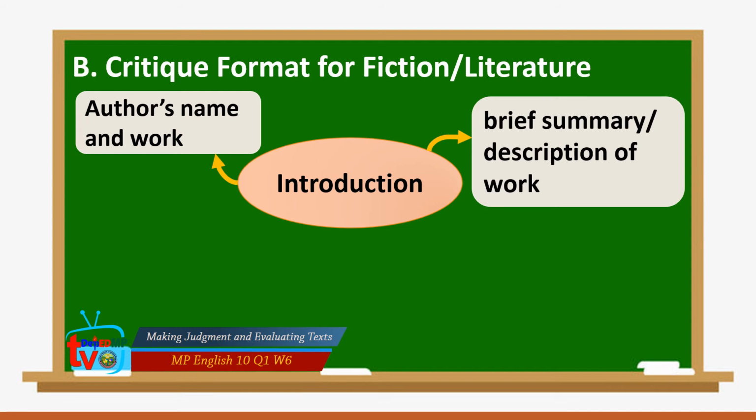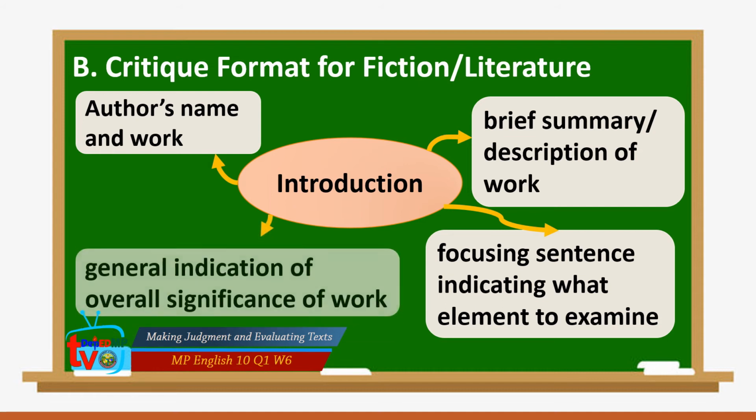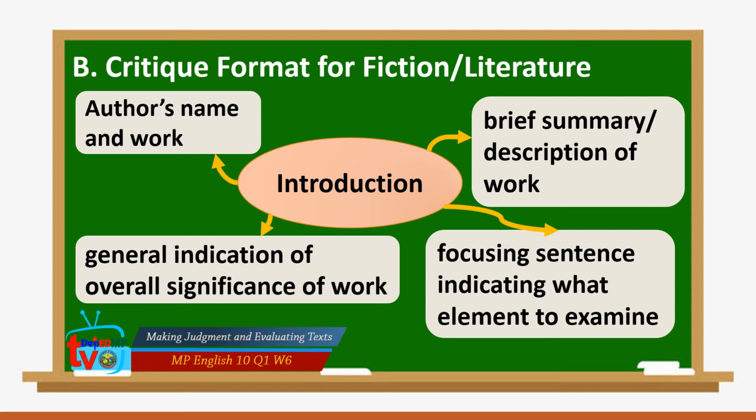Also, you include a brief summary or description of the work as a whole, and then write a focusing sentence indicating what element or elements you plan to examine. And then the last one, you talk about the general indication of the overall significance of the work.